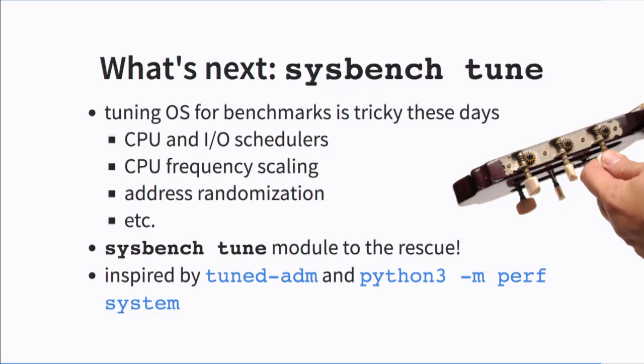So I have a bunch of shell scripts that tune all those settings in the operating system, but I thought it would be nice to implement them as a sysbench extension and make them available for everybody else to collaborate and reuse. This module is inspired by the tuned daemon implemented by Red Hat, and Python also has a similar module as a part of its performance regression test suite.